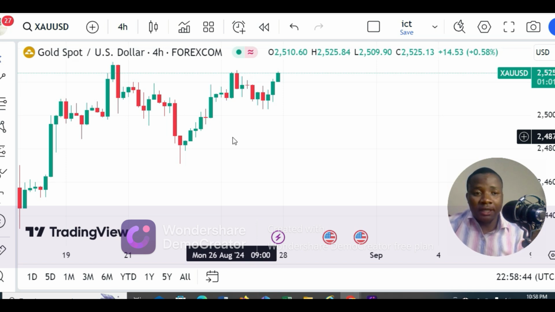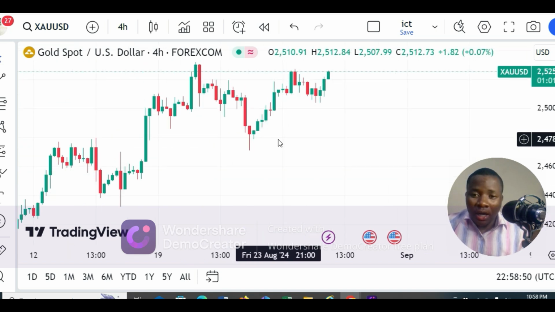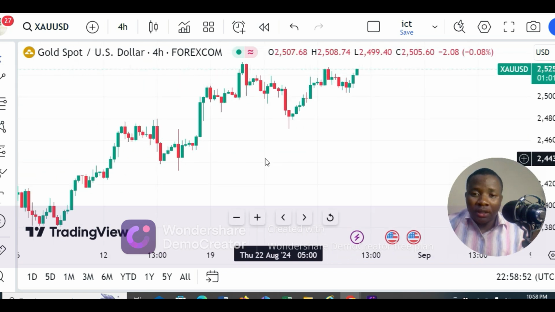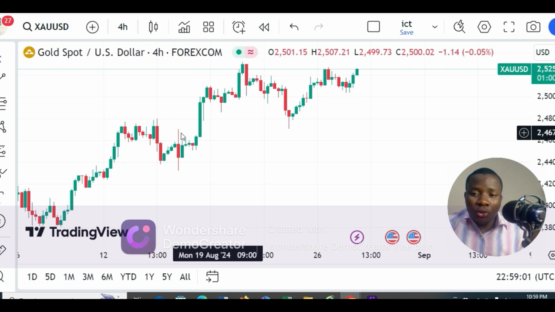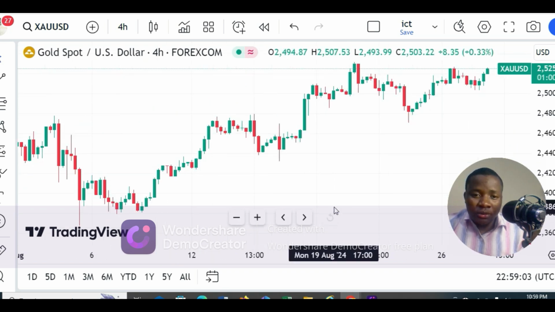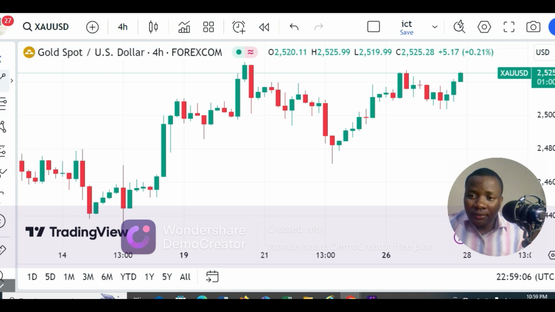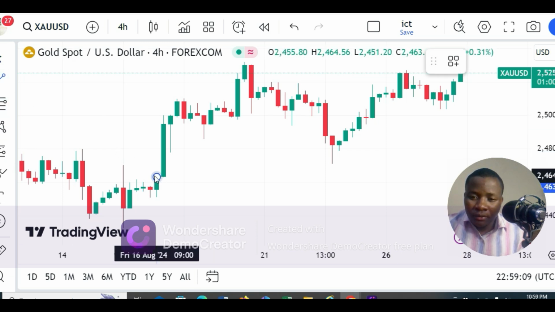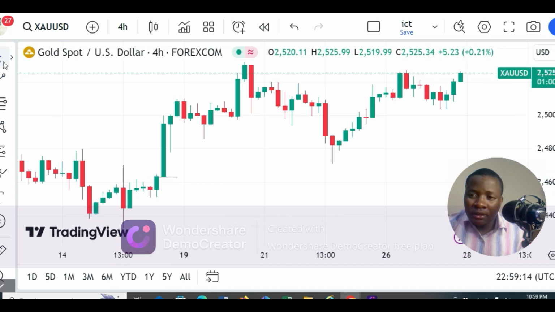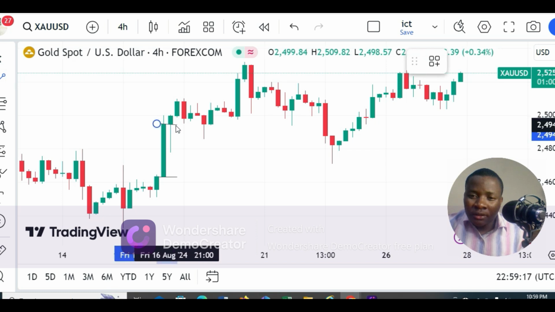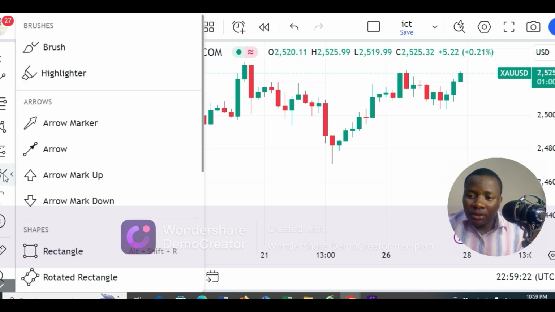So let's start by understanding how a candlestick is formed. A candlestick has two parts. It has the body and it has the wick. I will illustrate with this green candlestick here. You can see the body.